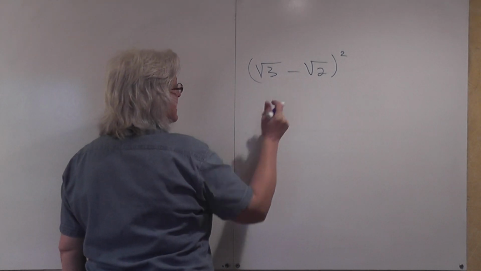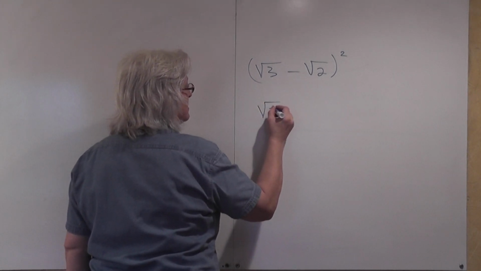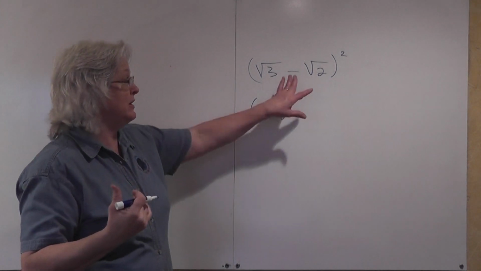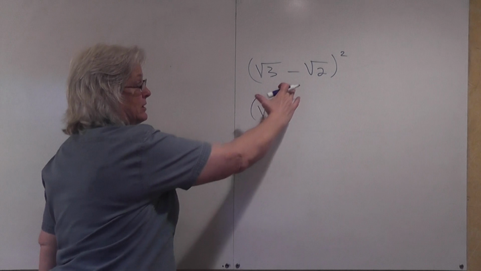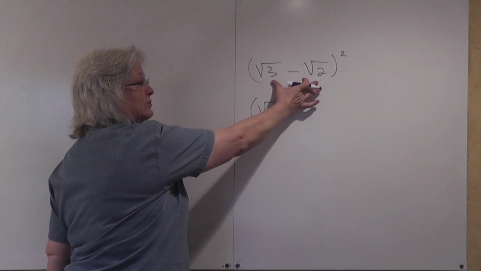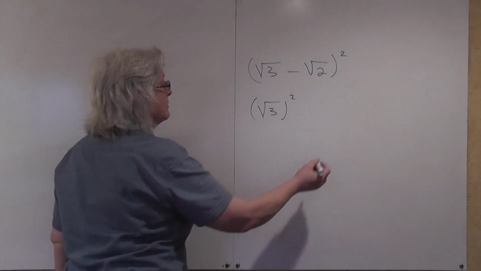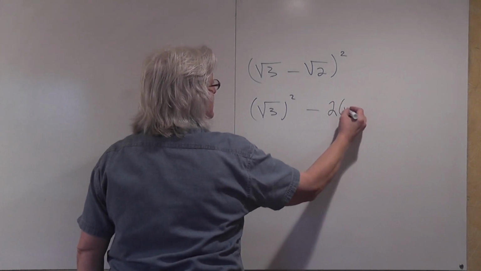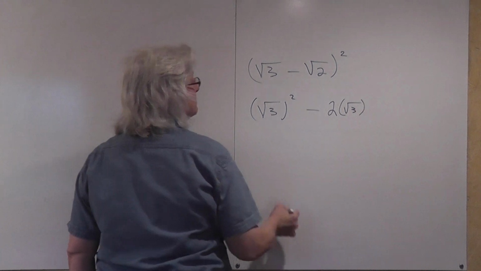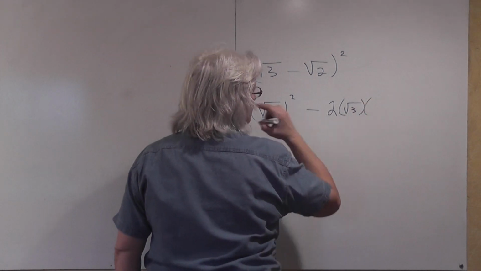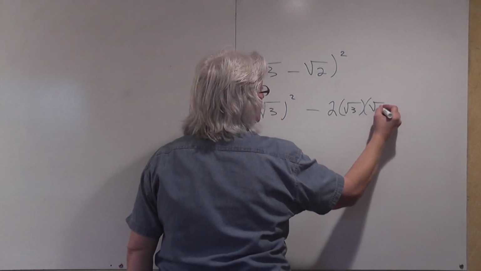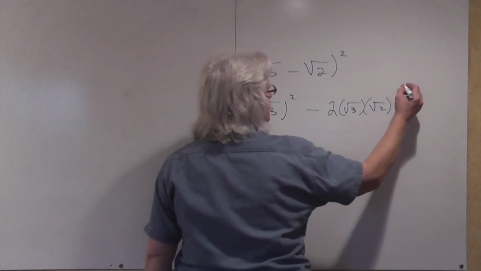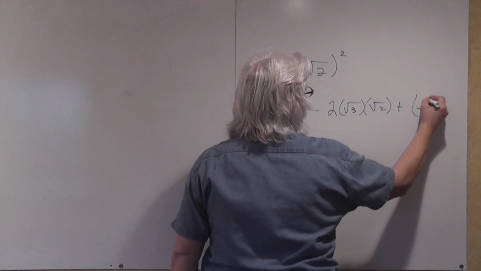When you're multiplying this out, you have the first term squared, then you use the sign in this factor here in front of your center term, minus twice the product of the first term and the last term, plus the square of the second term.